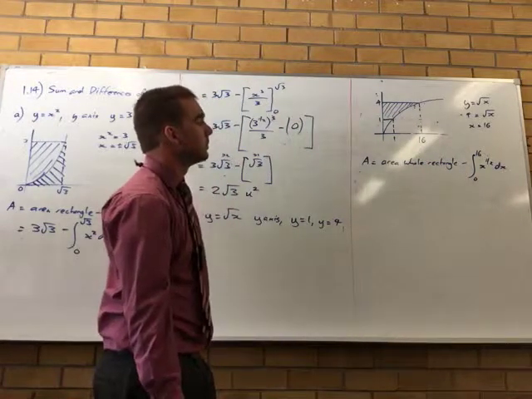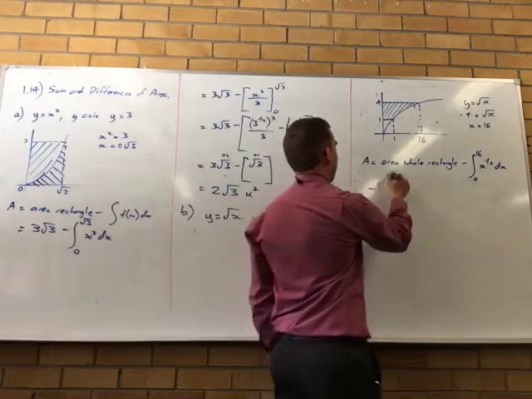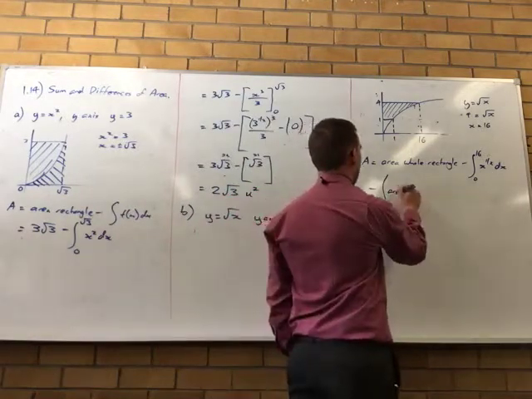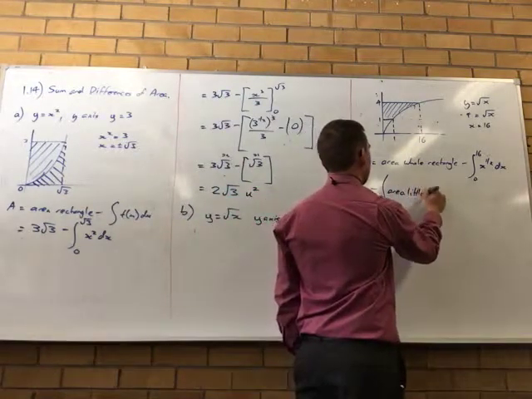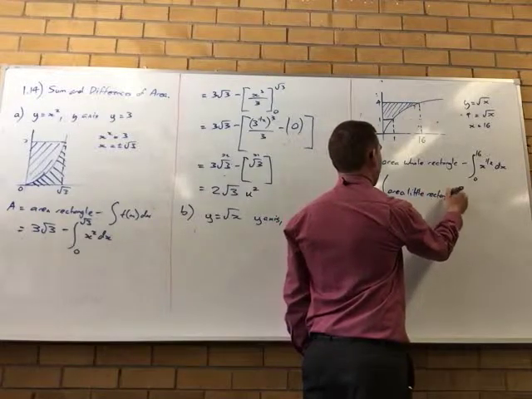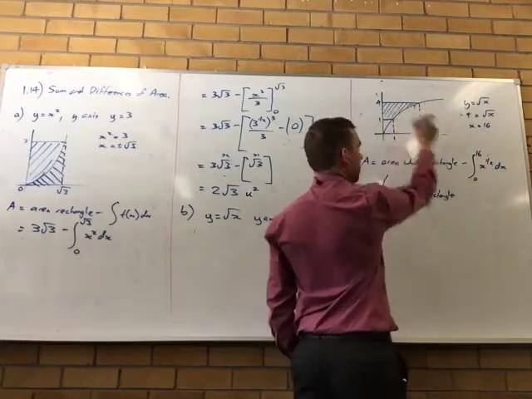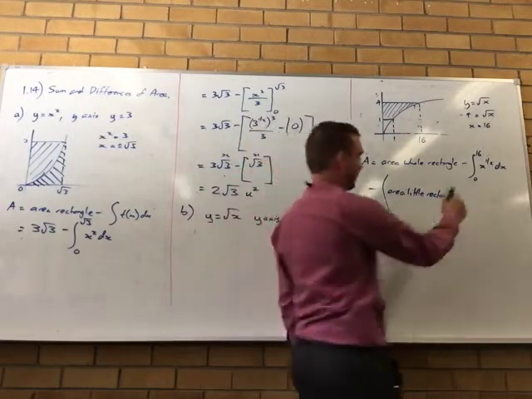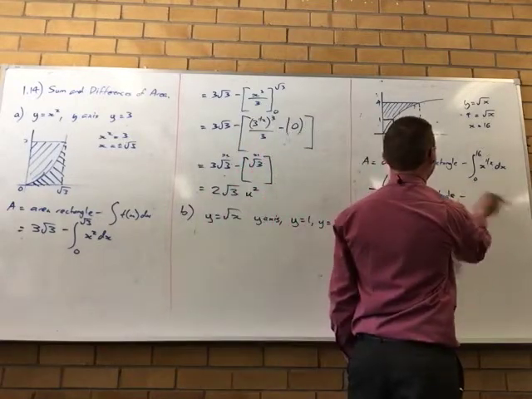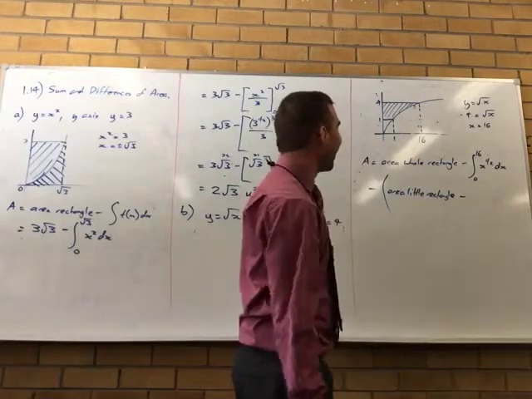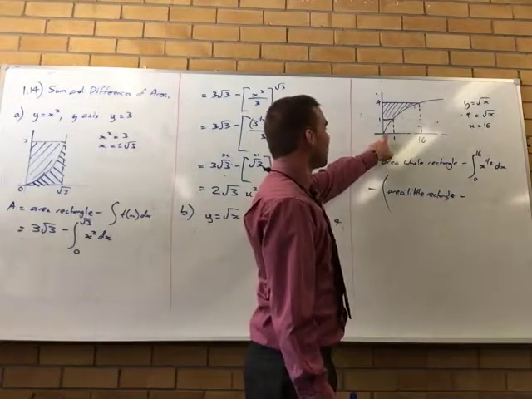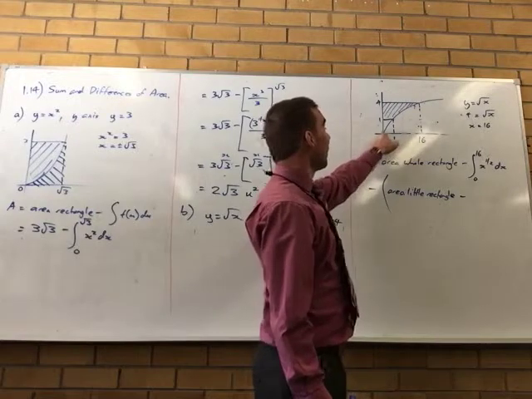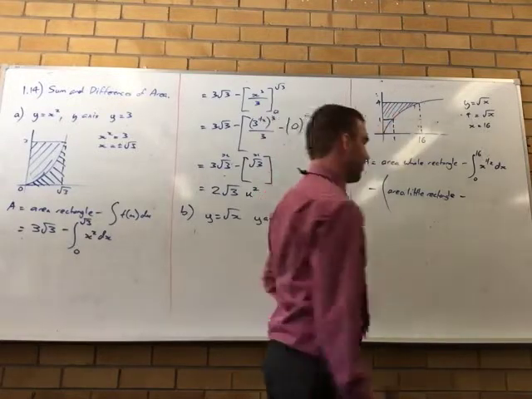Take away the area of the little rectangle, which is that one there. Well, now it's a square on my paper. Now we have to do the integral from 1 to 0 of this part of that curve.